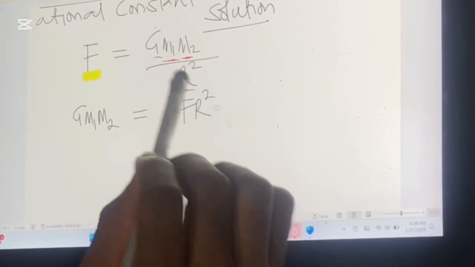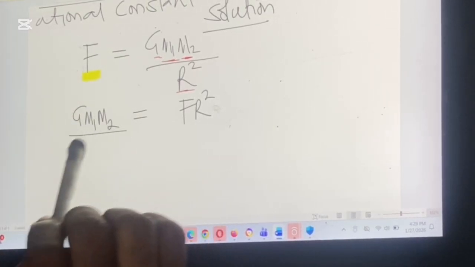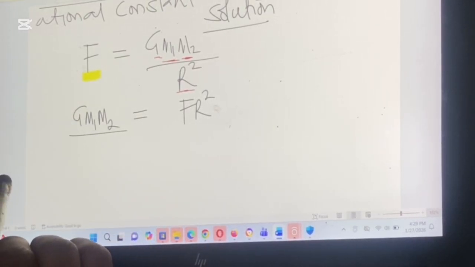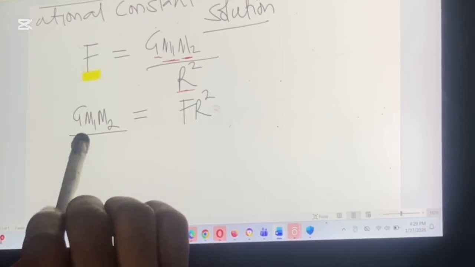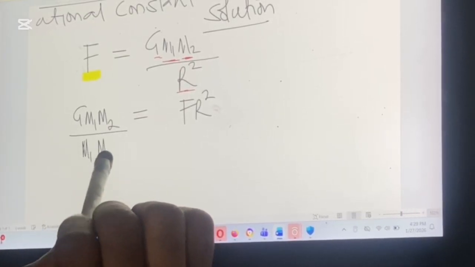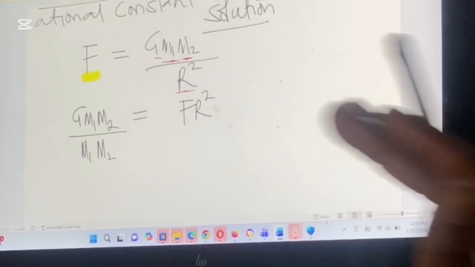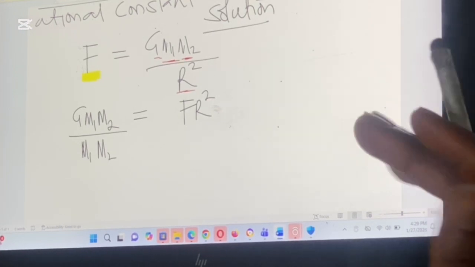Please take note. We cross multiplied. So I will divide by what is attached to G to make G stand alone. I will divide by M1 M2. The law of equation states that whatsoever you apply at the left hand side, you also apply at the right hand side.